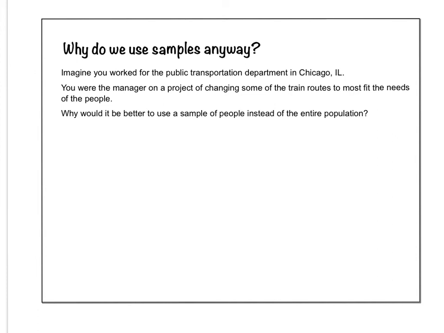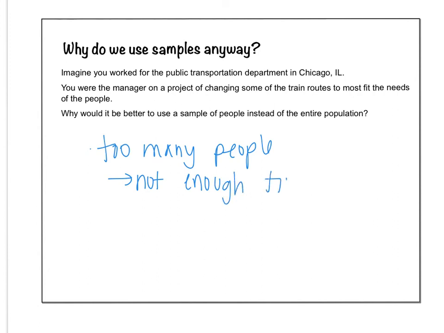Well, there's too many people in that city to ask everyone, so there really just wouldn't be enough time. And I'm sure you can think of other pros and cons with this. It might not be safe for you to ask every single person in the city.